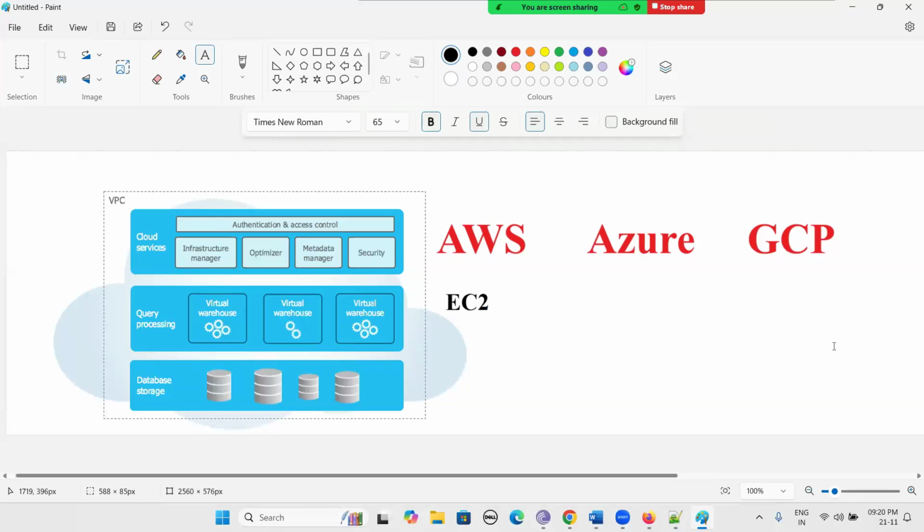If you use Azure, it uses Azure virtual machines, VMs, for query processing. If you use GCP, it uses the GCP compute engine concept.